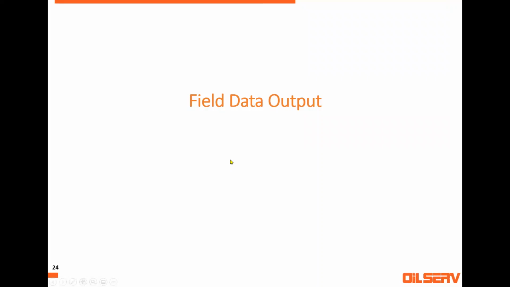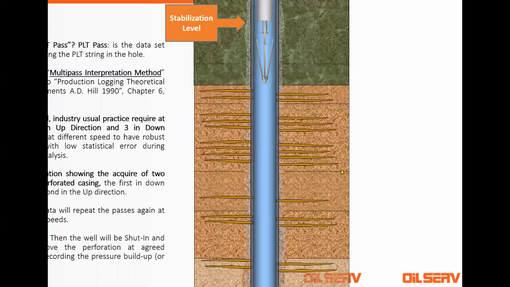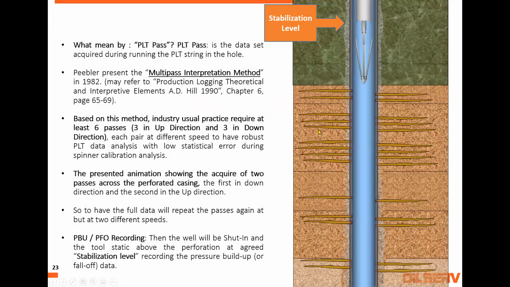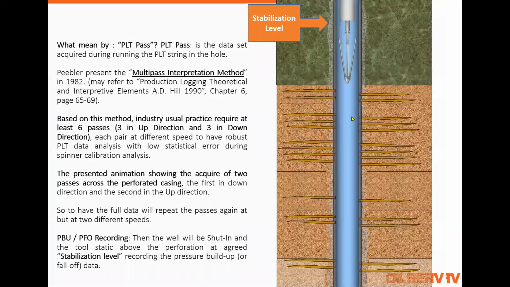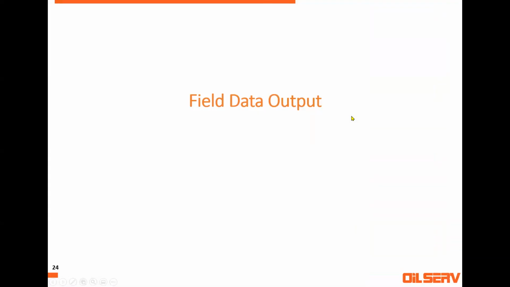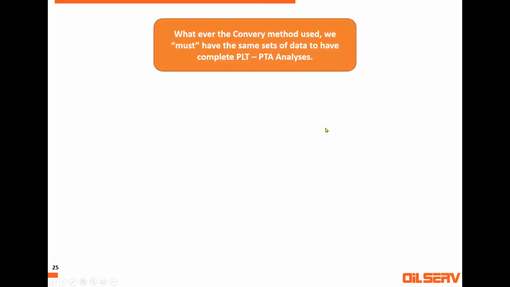Field data output. Okay, let me just go back again. So you run your tool. What will you get? What kind of data will you get? How does the data look? Whatever conveyance method you used, slickline, wireline, coiled tubing, we must have the same data set.